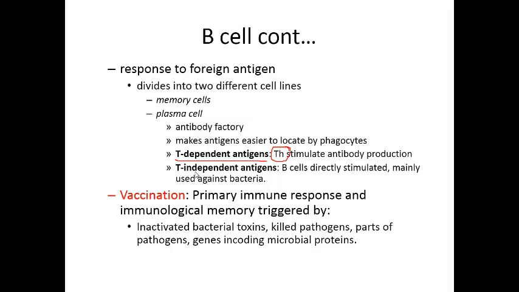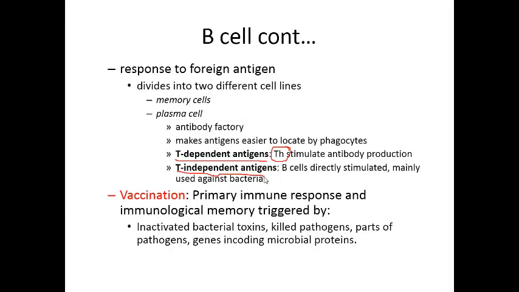A T-independent antigen is an antigen that directly stimulates the B cells, which then make the antibodies. So they're T-dependent or T-independent depending upon whether or not they first go through that helper T cell.